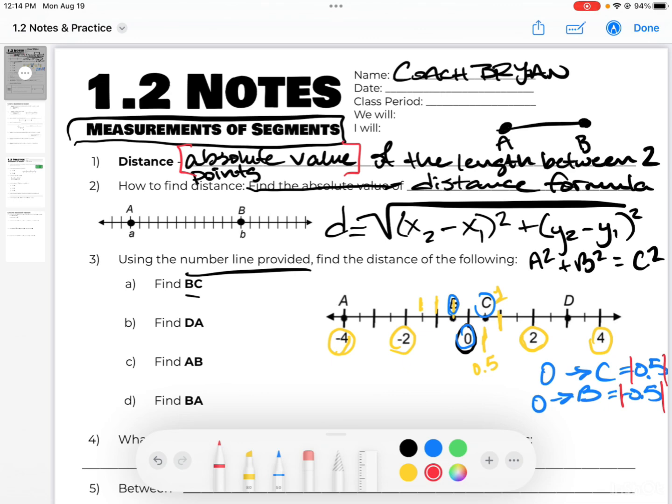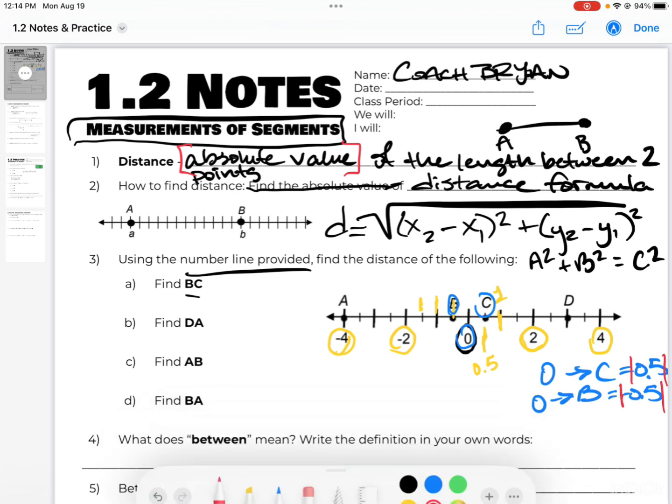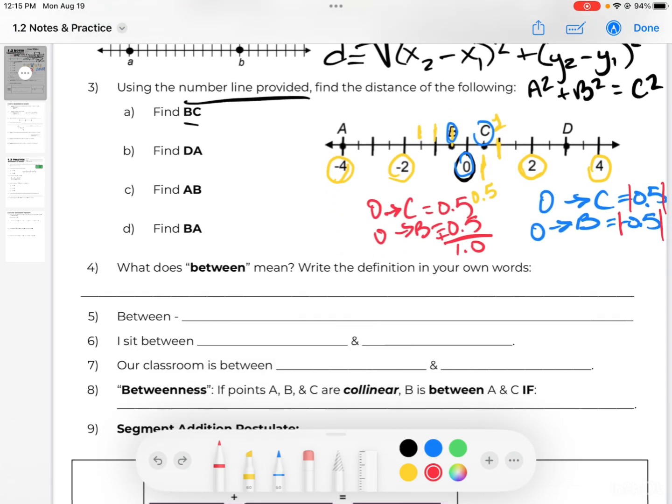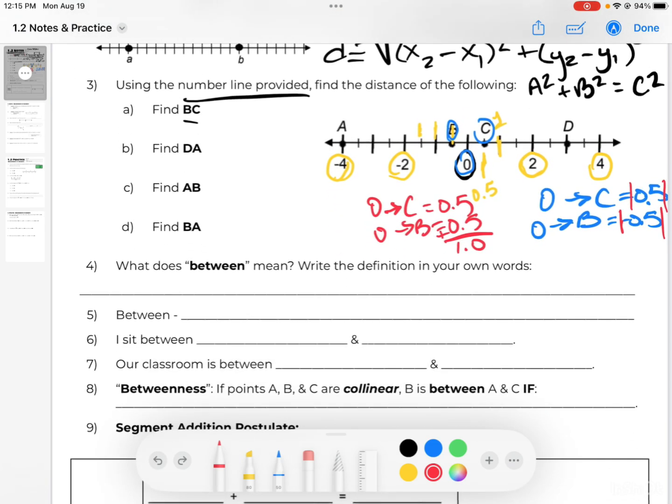It's always going to be positive. So if we take our 0 to C, and we take that 0.5, and we take our 0 to B, and it's 0.5, and we add those together, we get 1. And so we would say that from B to C is 1.0. And it doesn't really tell us what it's measured in, so we could just say units.